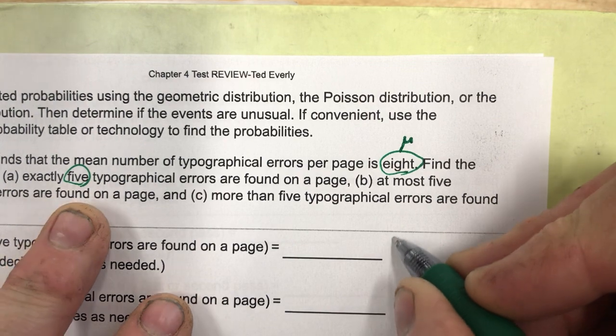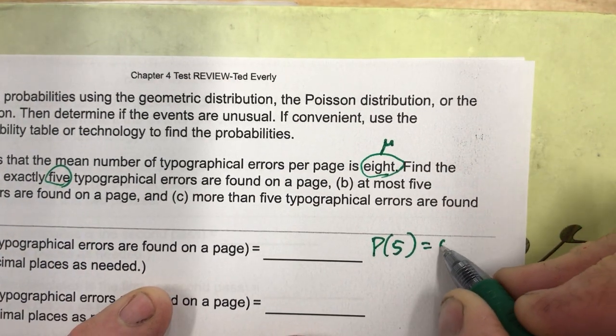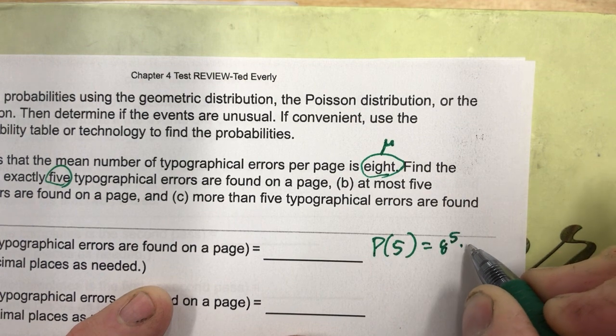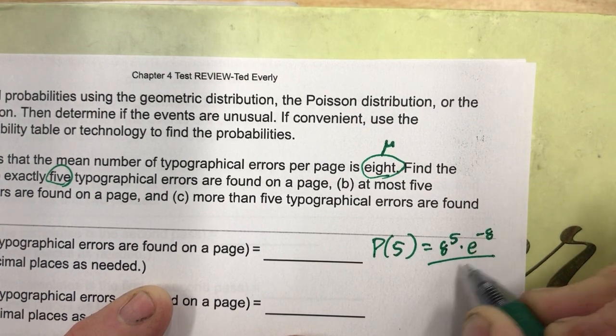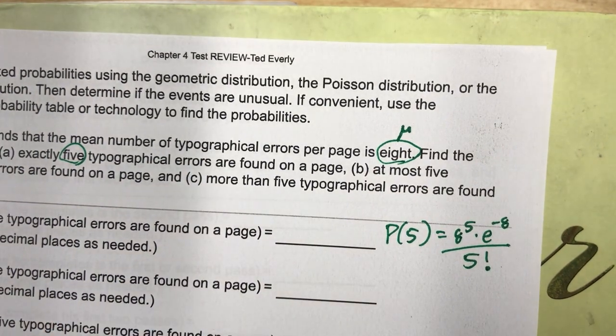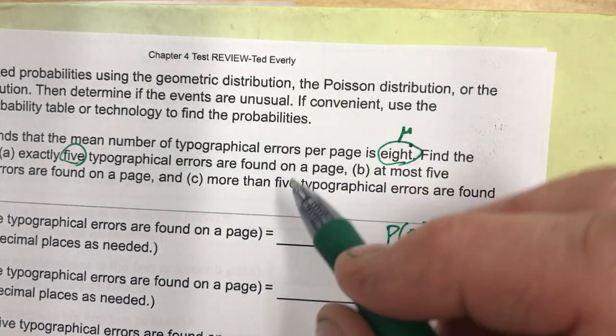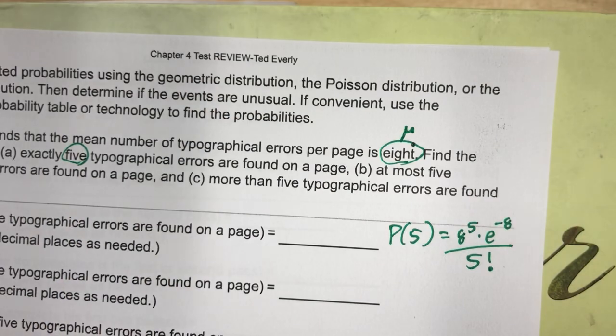All right, so the probability we have 5 is going to be 8 to the 5 power times e to the negative 8 power divided by 5 factorial. Okay, now how you know this is Poisson is because you normally have 8 on average. Now it's wanting to tell what the probability is if you had 5.